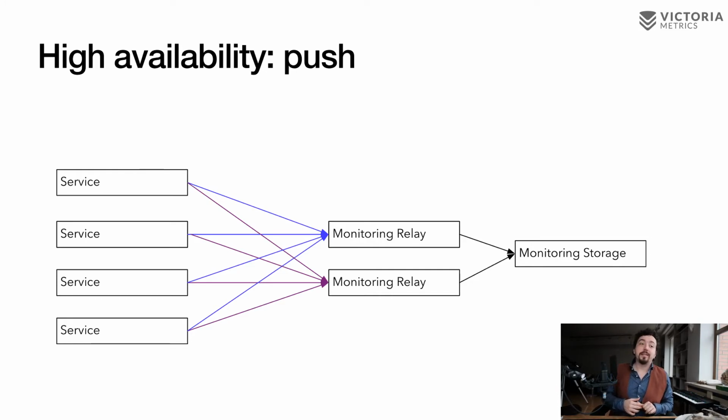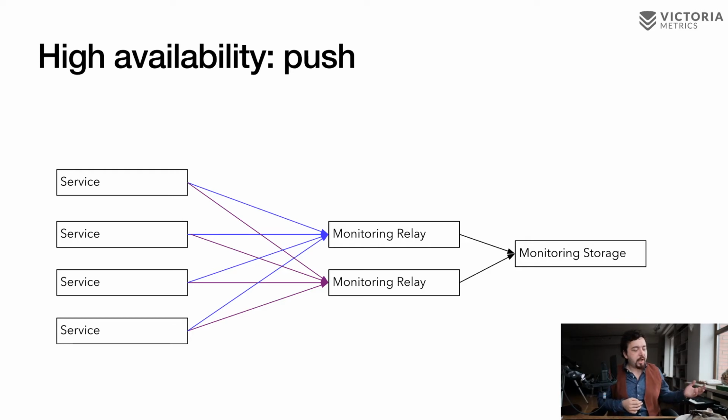And with push, you can have 2 monitoring relays, 3, 4, because all these monitoring relays use consistent hash to know in which storage they need to store the metrics. It's a really clever mechanism.